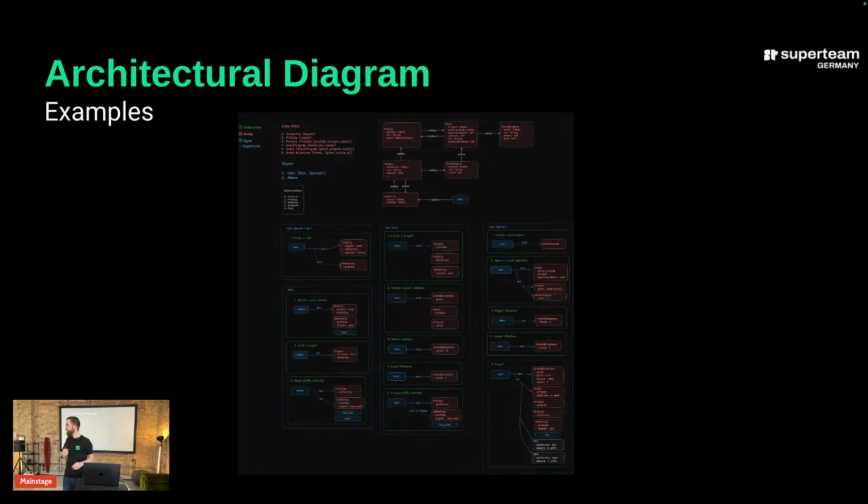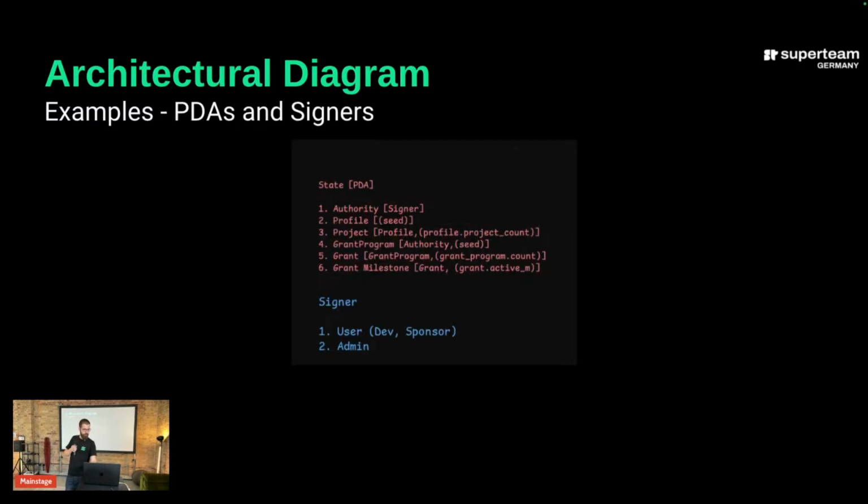Yes, I'm breaking this down. This is an example from one of my fellow students in the Turbine course. We will see it shortly in a bit more detail because I put out the different segments here. So first, we look at the state, so the PDAs. Björn earlier talked about the program-derived accounts where the program actually stores data.